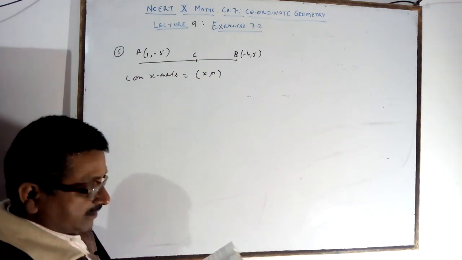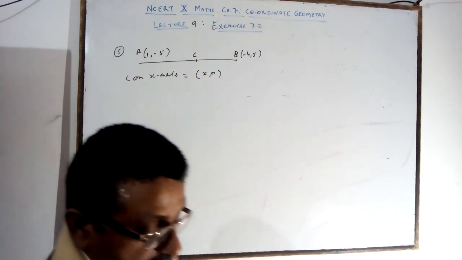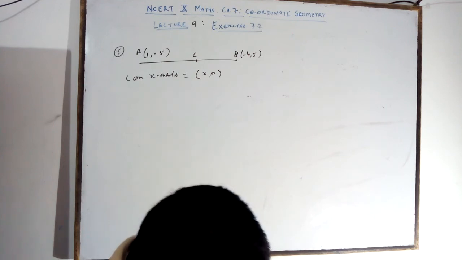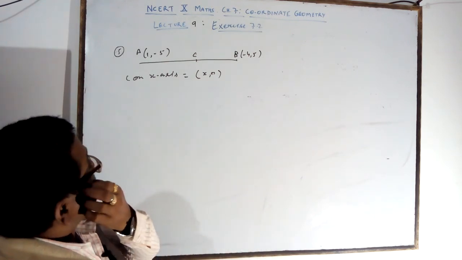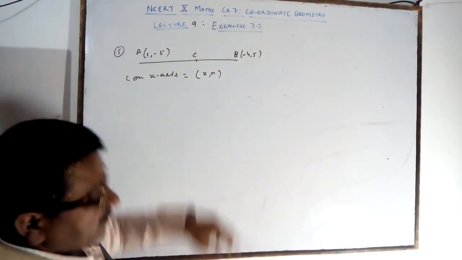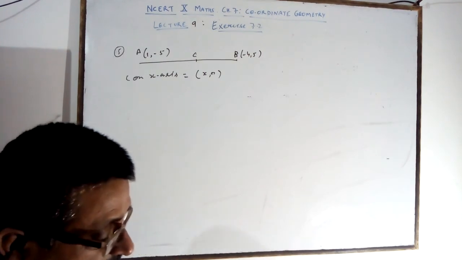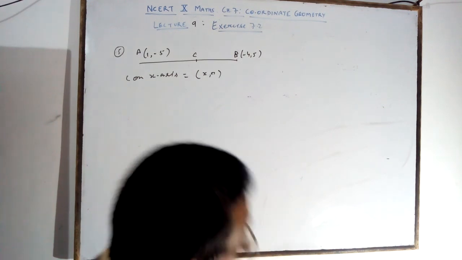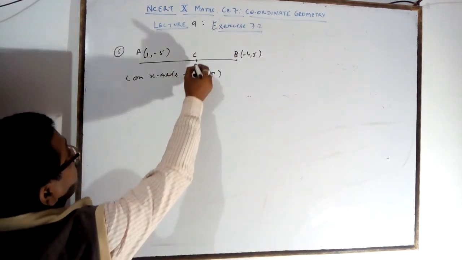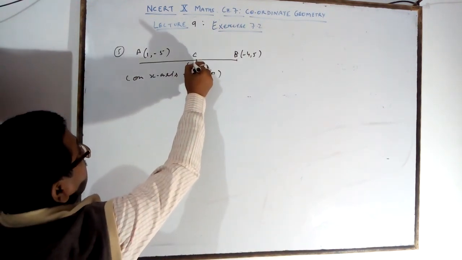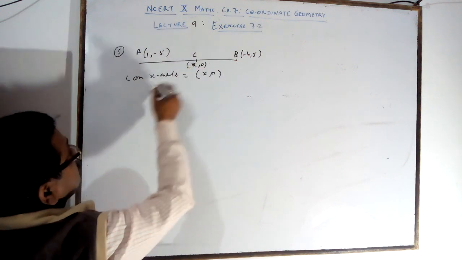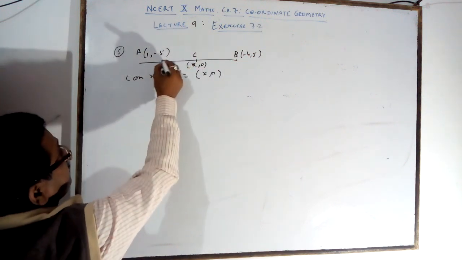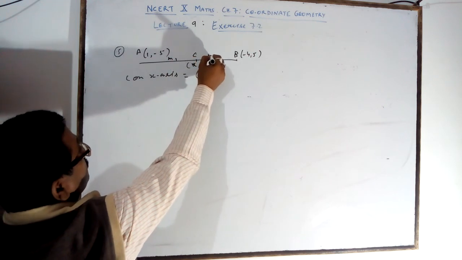On the x-axis, y will be 0. It is divided by the x-axis, which means the point will have y equal to 0. So the coordinate of this point will be (x, 0). Let the ratio be m1 and m2.